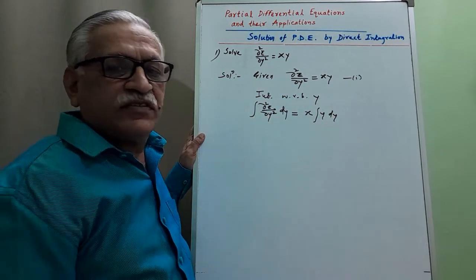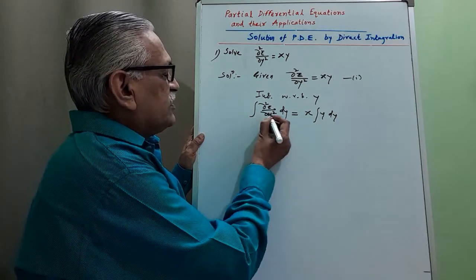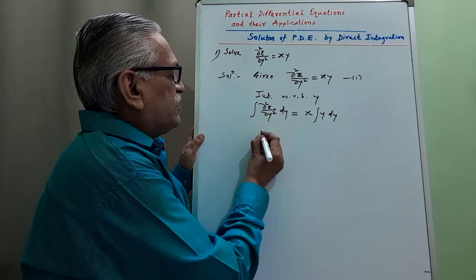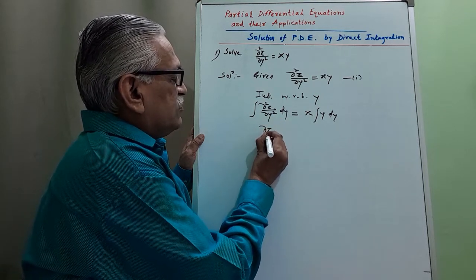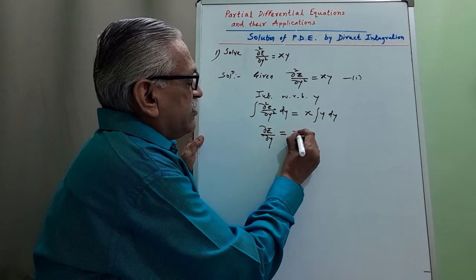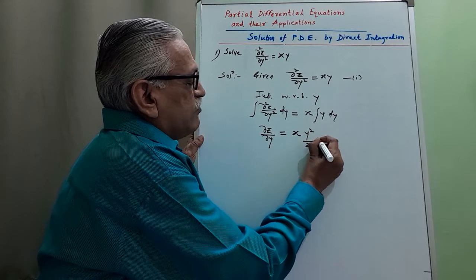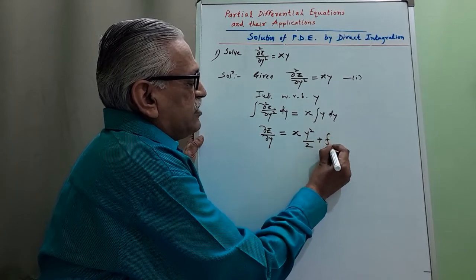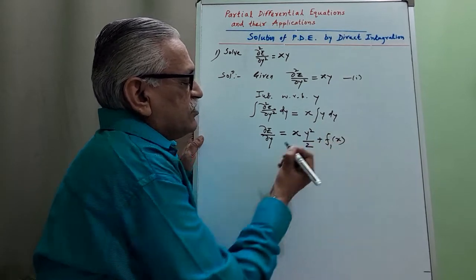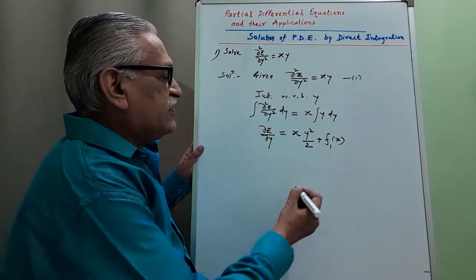As we know that integration and derivative are inverse operators of each other, we get ∂z/∂y = x, integration of y is y²/2, plus constant of integration f1(x), where x is constant with respect to y.